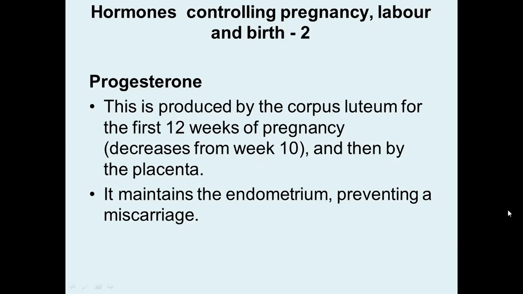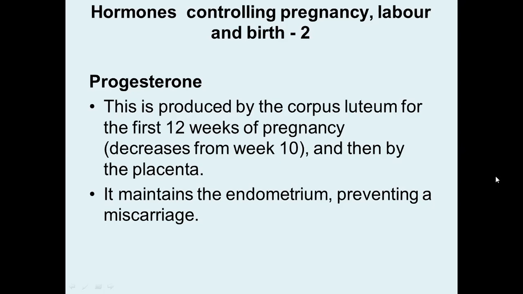And from then on, it starts to be produced by the placenta. This is together with estrogen also from the corpus luteum and estrogen also from the placenta. But the estrogen is not the huge issue here. The main important hormone is progesterone.